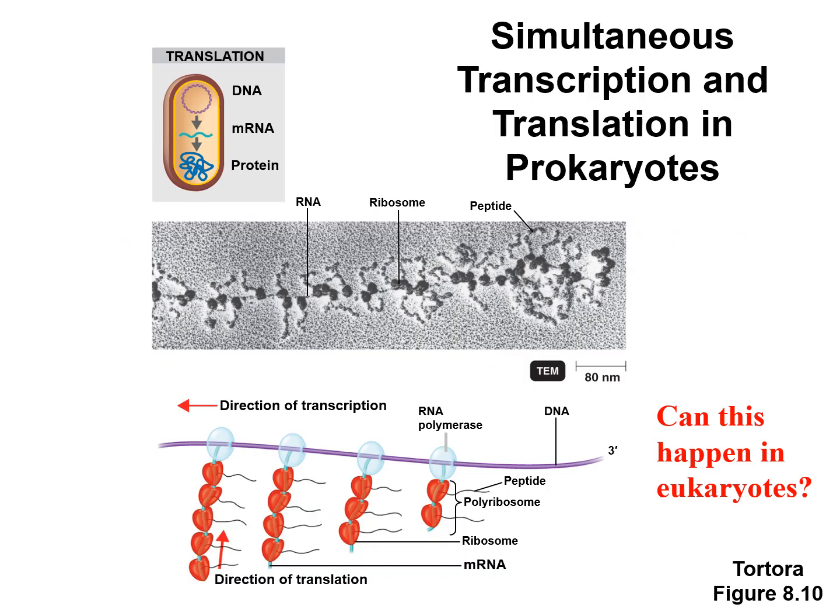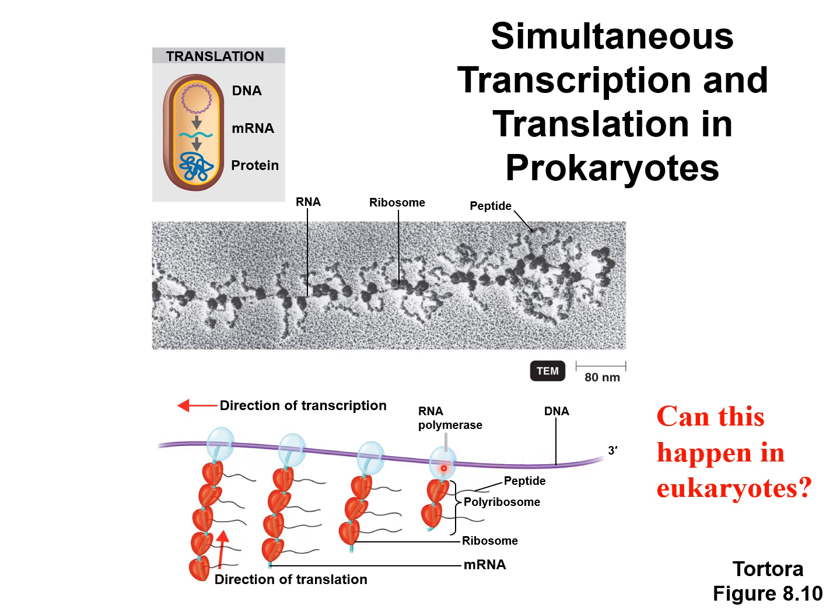Okay, so this is looking at prokaryotes, and we've got the DNA here. And we're going to be transcribing it with the RNA polymerase, that enzyme that does transcription. And you can see that the newly made messenger RNA is coming off the end of the RNA polymerase as it's going down the DNA.